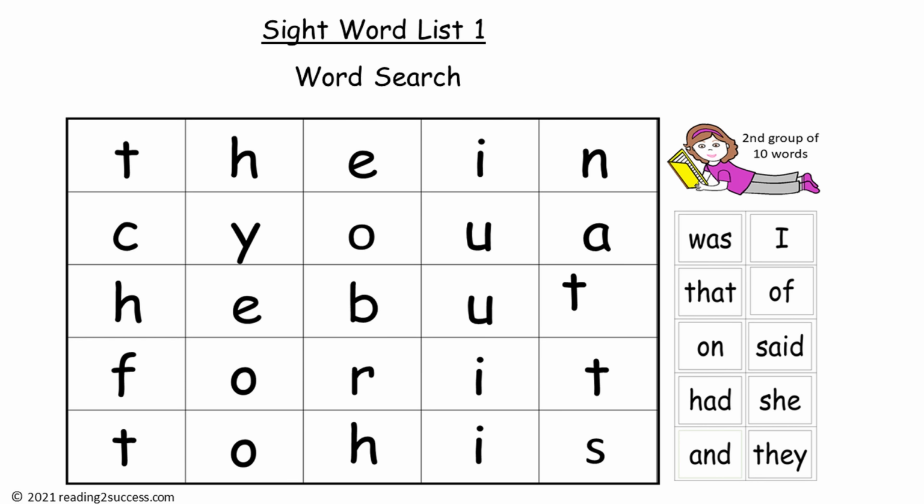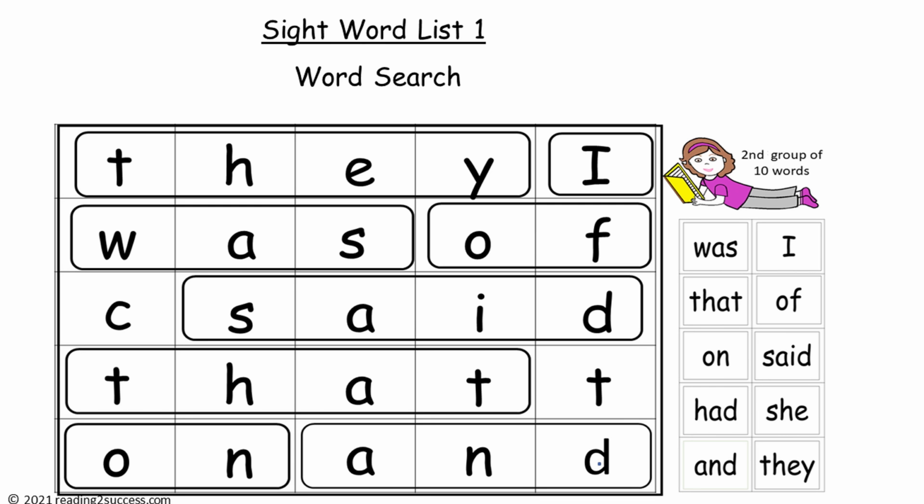The words in this part of the list have more letters in them, so not all sight words will be found in the word search. This is the example, and only 8 of the 10 words were in the search, so kids have to look more carefully now to identify the sight words.